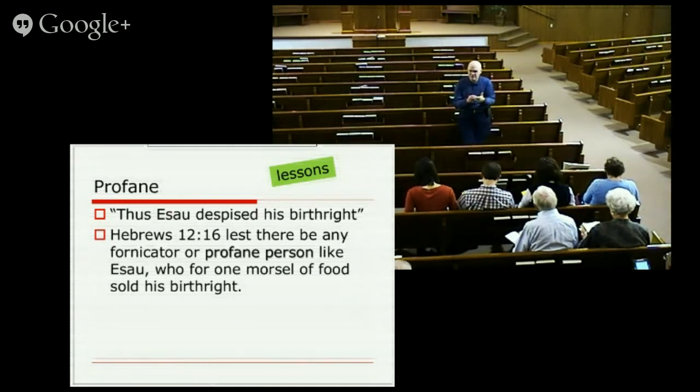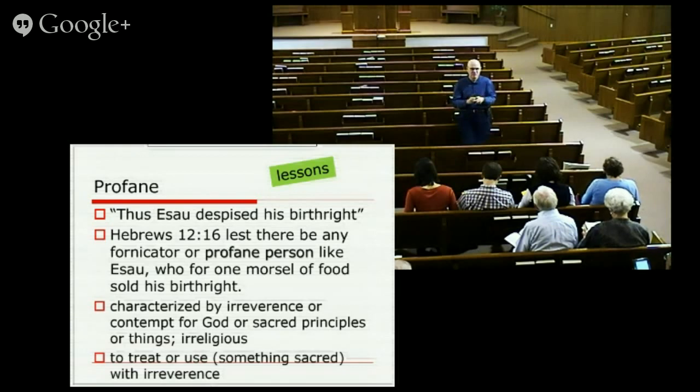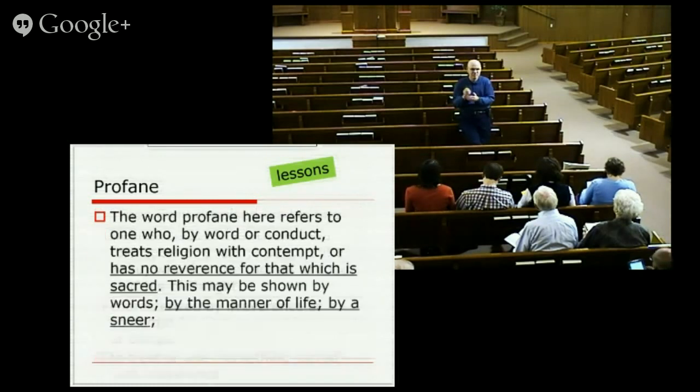So it's a profane person. What's a profane person? Well, to be profane is to be characterized by irreverence or contempt for God or something religious, something sacred, something special. To profane something is to treat it with less value than it has. The word profane here refers to one who by his word or conduct treats religion with contempt or has no reverence for that which is sacred.